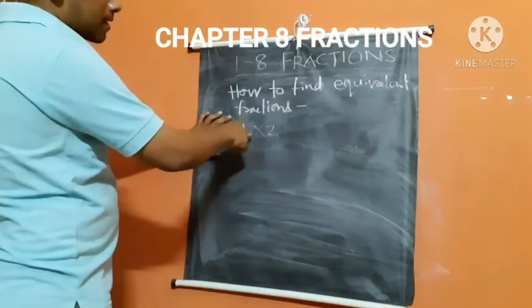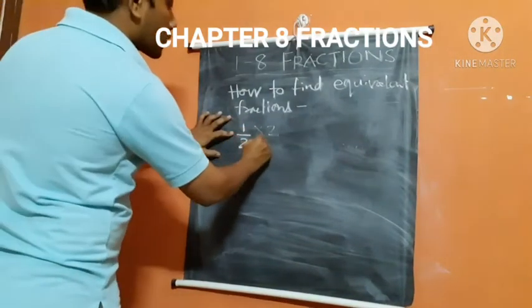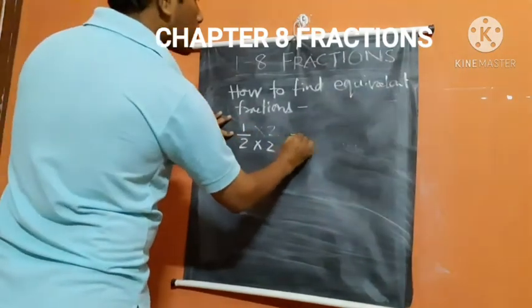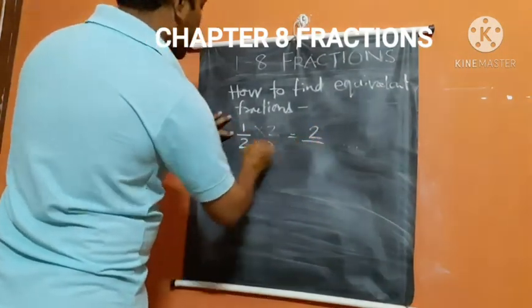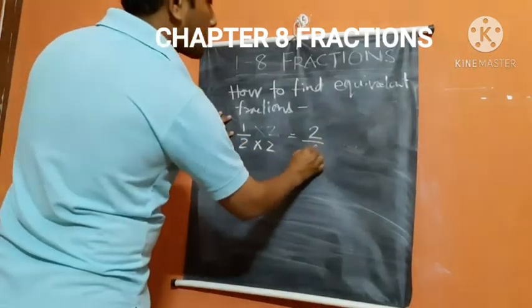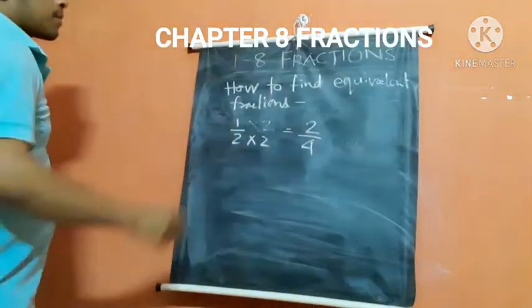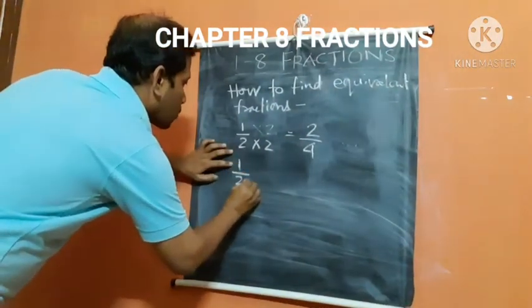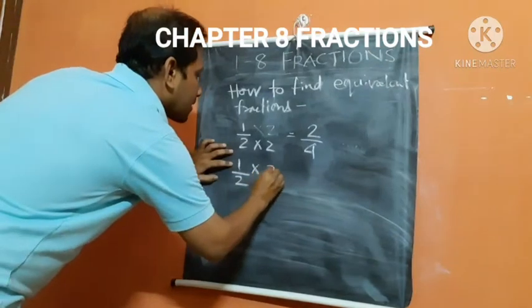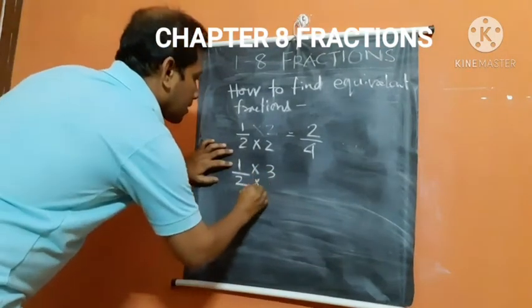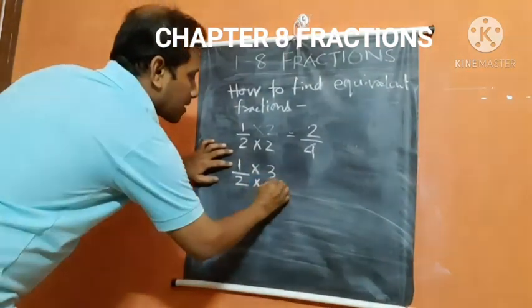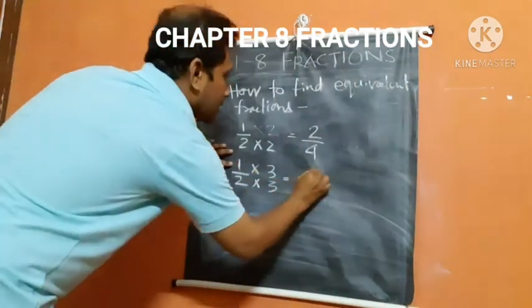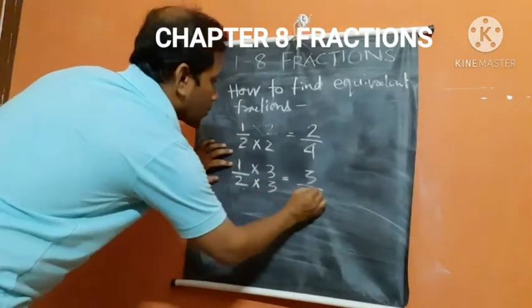So we have to multiply the same number with the denominator also, into 2. So 1 into 2 is equal to 2 and 2 into 2 is equal to 4. Again, we can multiply 1 by 2 into 3 and the denominator also by 3. So 1 into 3 is 3, 2 into 3 is 6.